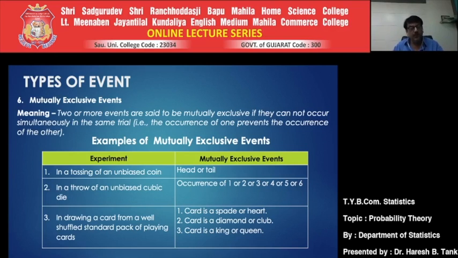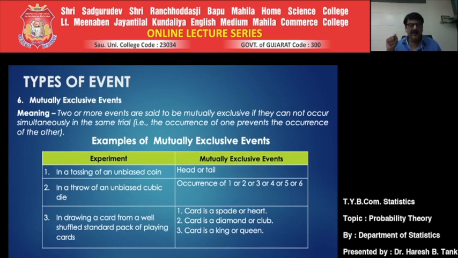Which means there are 4 different types, each of them having 13 cards. Means 13 spade cards are there, 13 heart cards, 13 diamond cards, and 13 club cards are there.